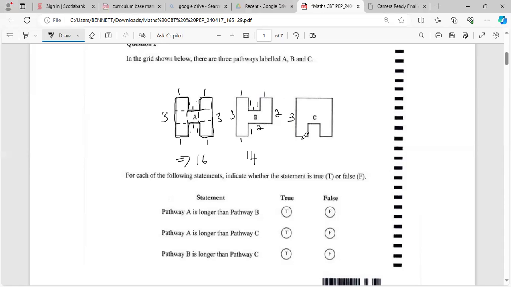That's annoying. What's supposed to go here? That's 1.